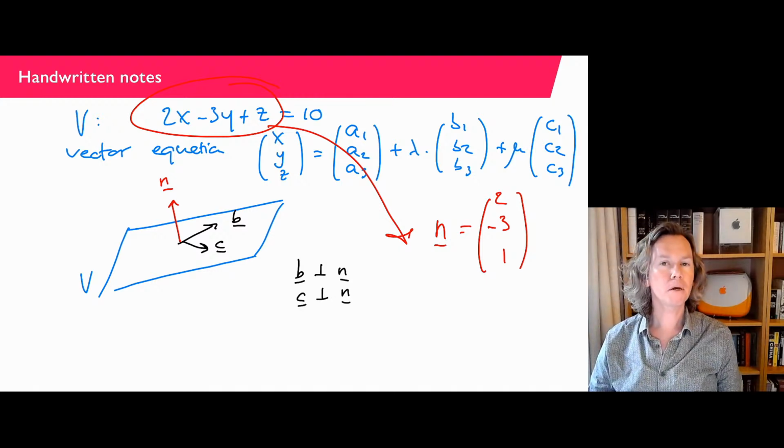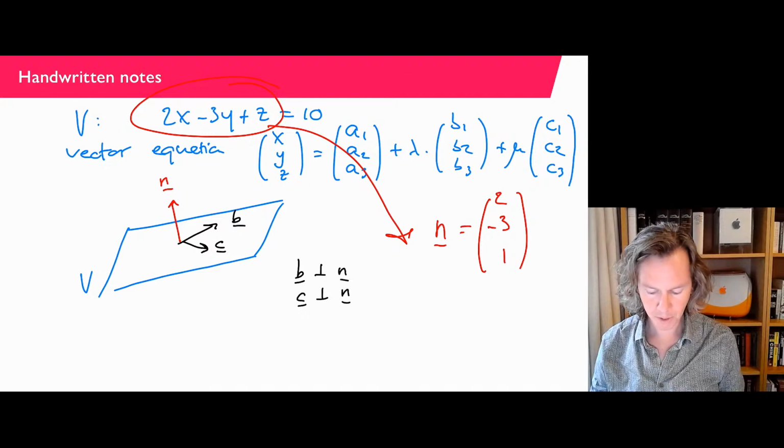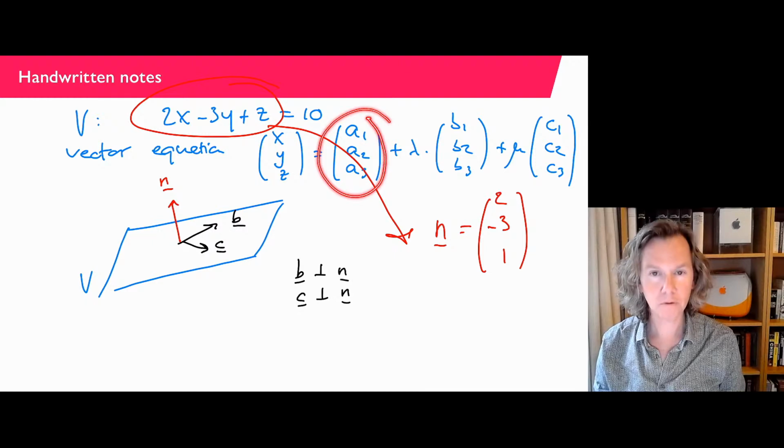So you can choose two different vectors, B and C, that are orthogonal to the normal. And then finally we have this thing here.